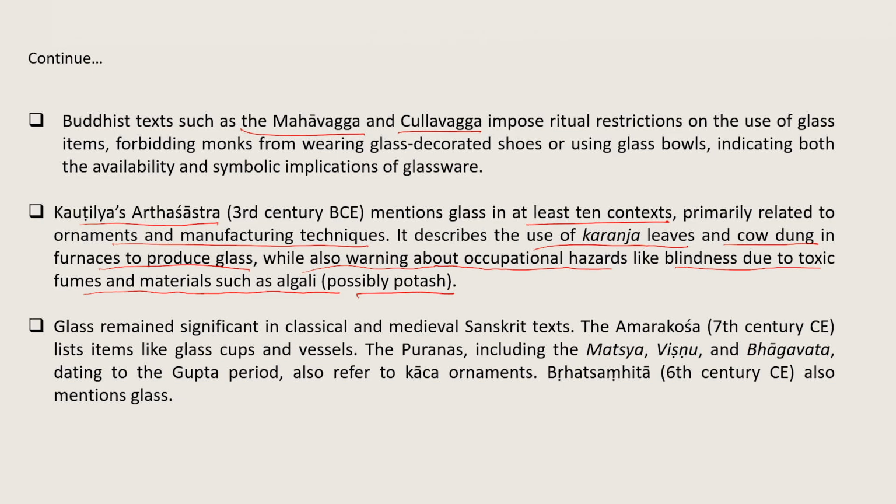Glass remained significant in classical and medieval Sanskrit texts. The Amarakosha, 7th century CE, lists items like glass cups and vessels. The Puranas, including the Matsya, Vishnu and Bhagavata, dating to the Gupta period, also refer to kaach ornaments. The Brihat Samhita, 6th century CE, also mentions glass.